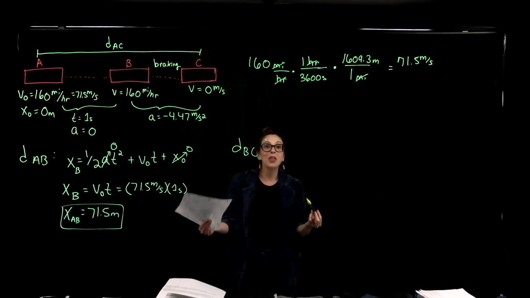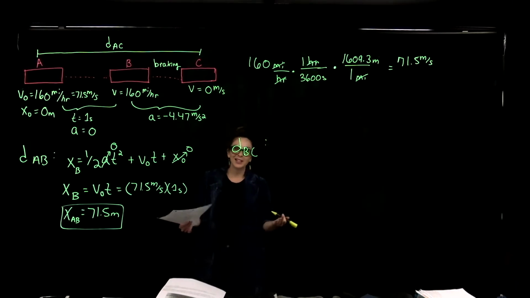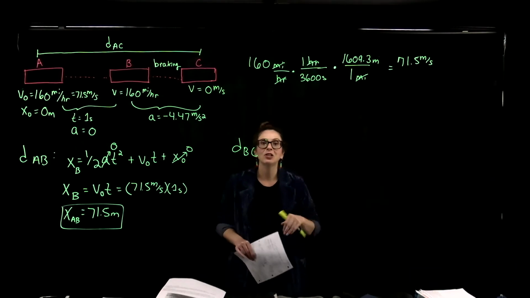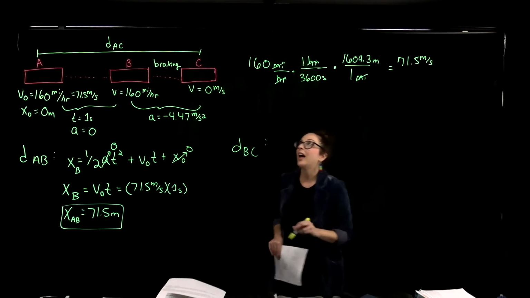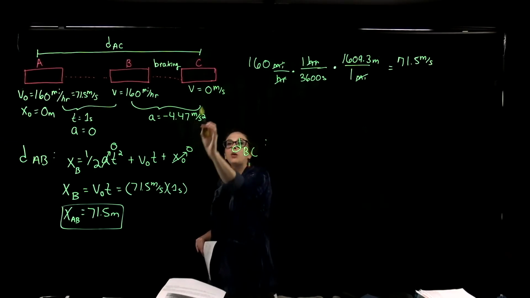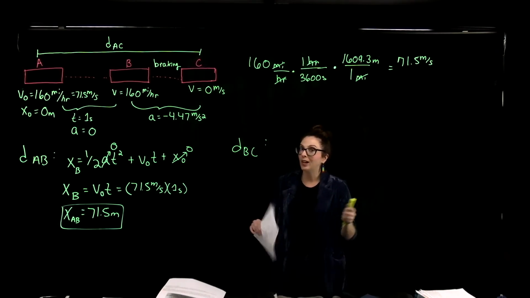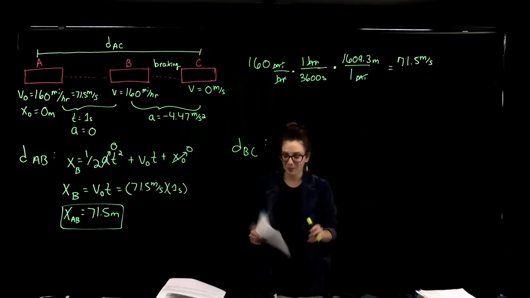This time, there's an acceleration in our problem. We don't know how many seconds it's taking us to do this. So we look back at our equation sheet to see what equation incorporates all the knowns for this segment, leaving us with one final unknown, which is the distance that we need.